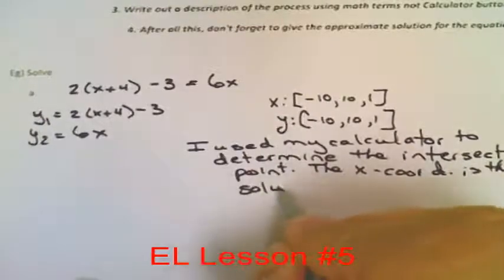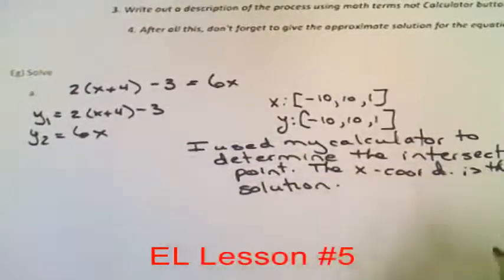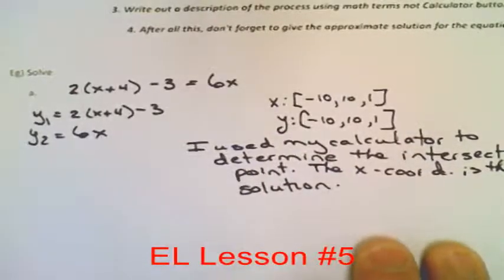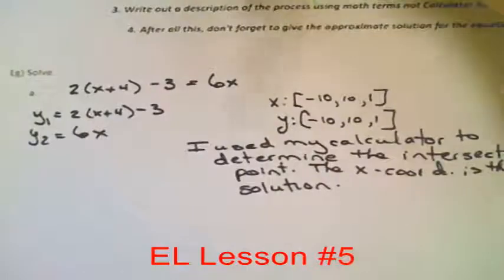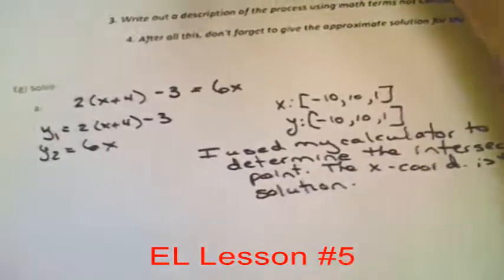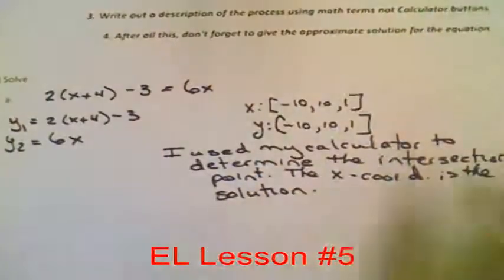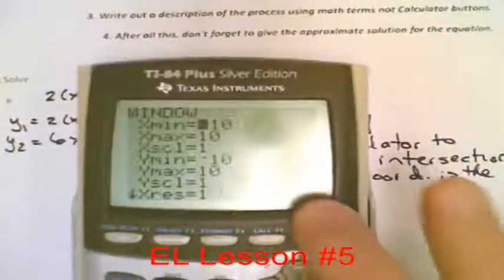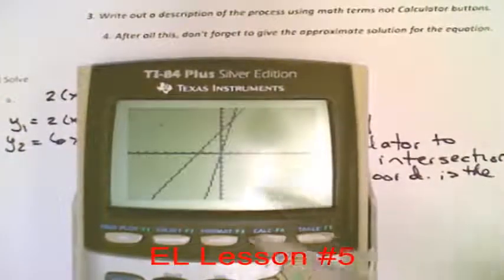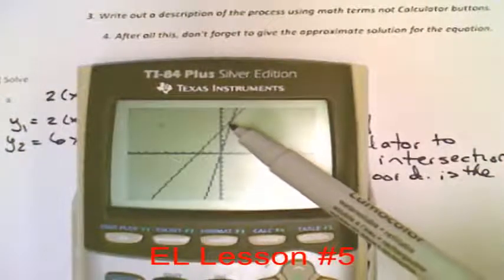The x-coordinate, and I should write x-coord, is the solution. Okay. I used my calculator to determine the intersection point. The x-coordinate is the solution. Geez, when I look at it on screen, it's not very neat. I apologize for my messy writing.